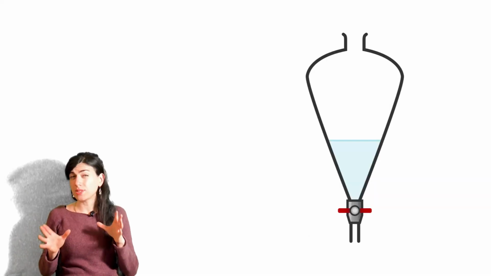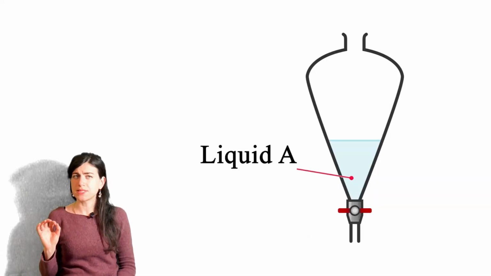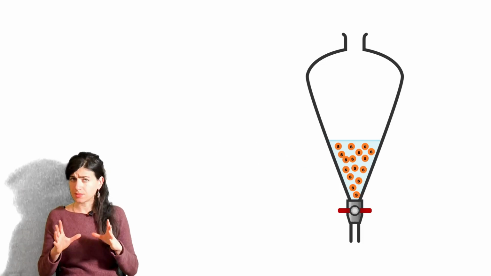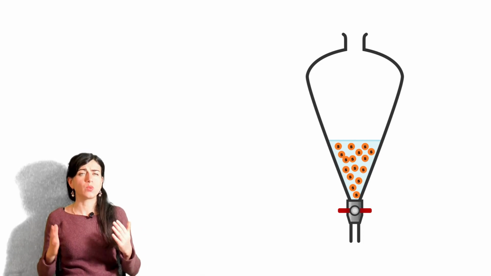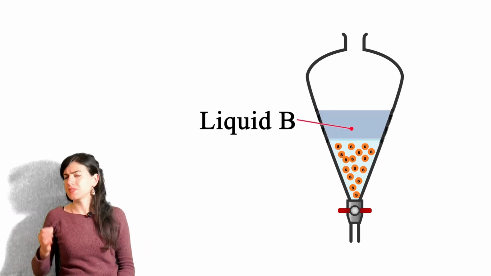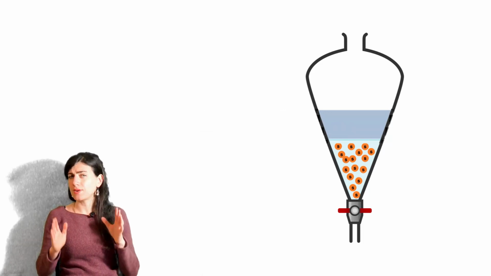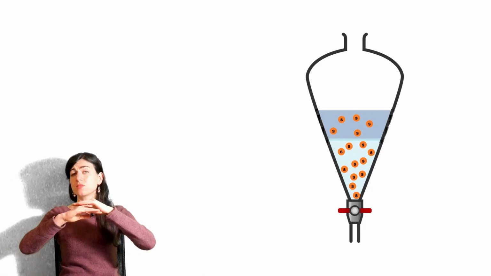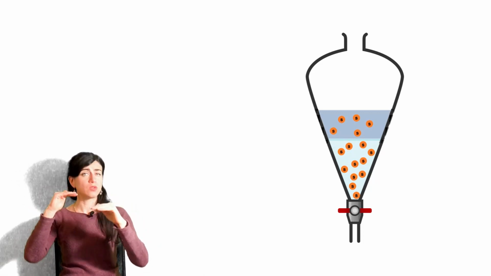Picture this: liquid A containing a substance S. Then we place liquid A in contact with an immiscible liquid B inside the separatory funnel. What happens next? The substance will migrate from liquid A to liquid B across the interface between the two liquids.